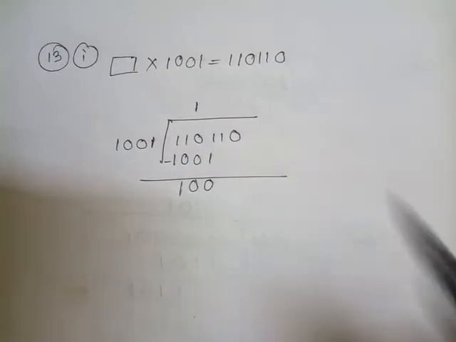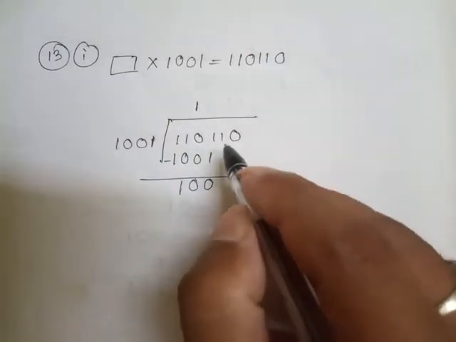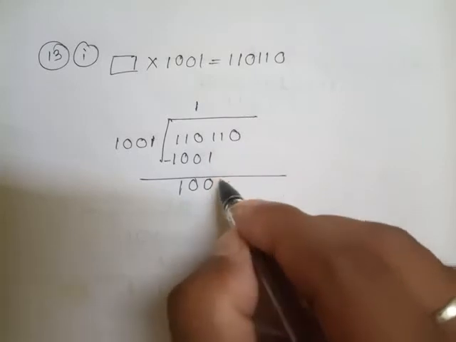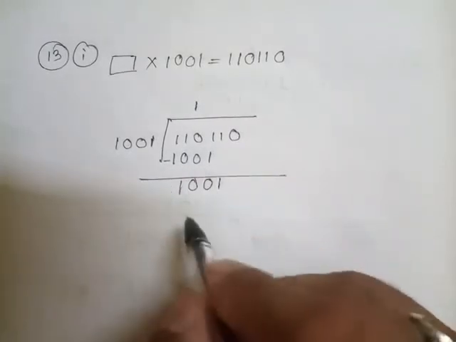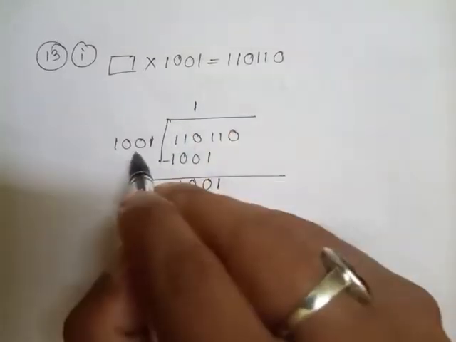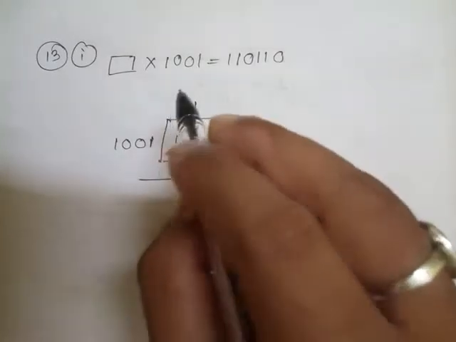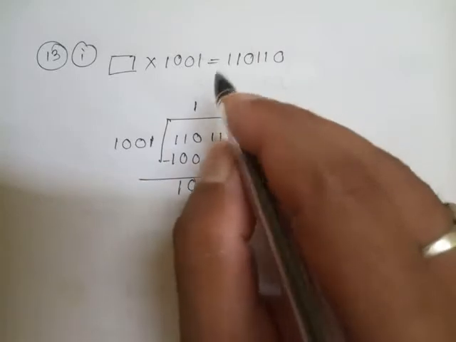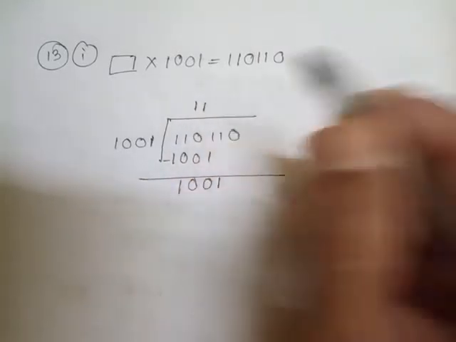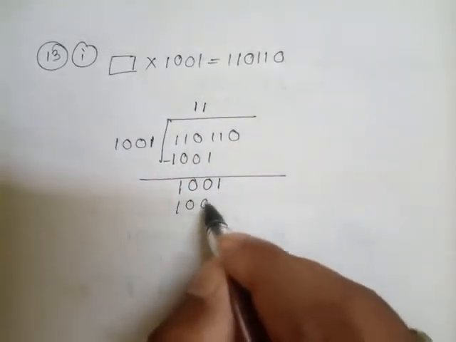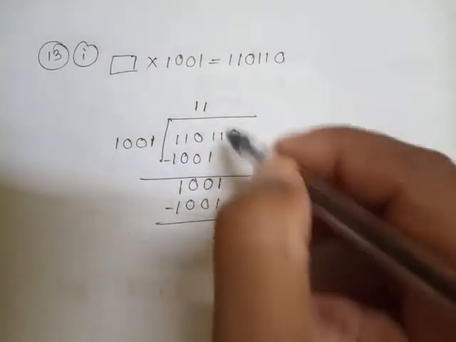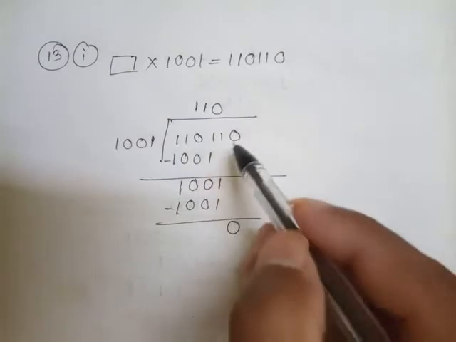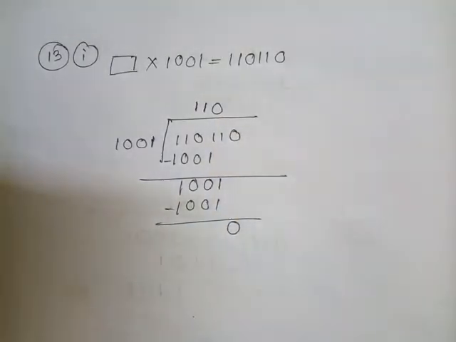Next, there is 1 and this value 1001, and there is also 1001, so we can write 1 here, which means 1001. 10 will be here, the remainder is 0, and this value will come here, and the remainder is 0 only.